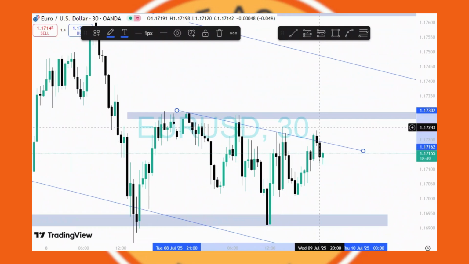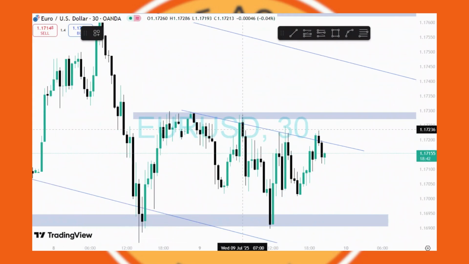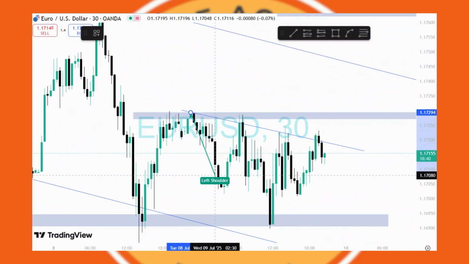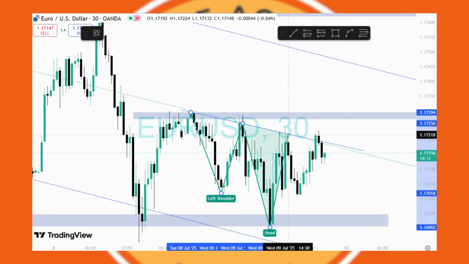And then here, it seems to not be sure. Because this to me looks like a head and shoulders. I'm going to just take it as that.